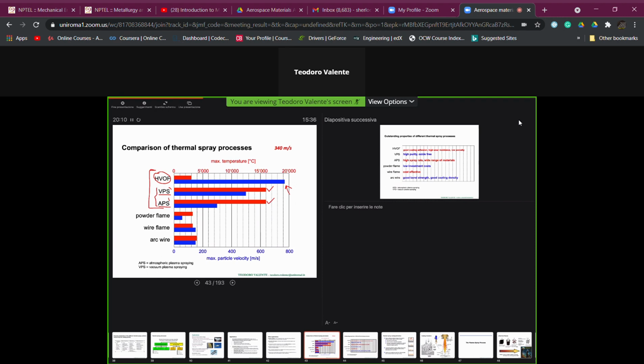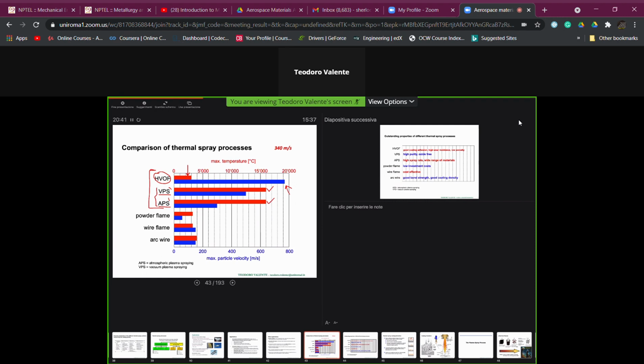Instead, here for the HVOF we do not have plasma generation, but we do have the energy source which is given by combustion, and so the maximum gas temperature, when it goes very well, cannot reach values higher than 3,000 Celsius.